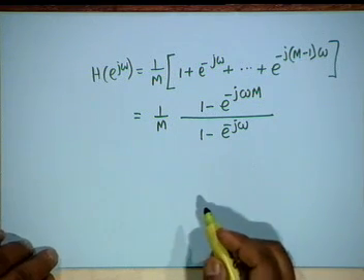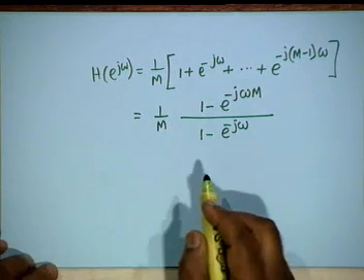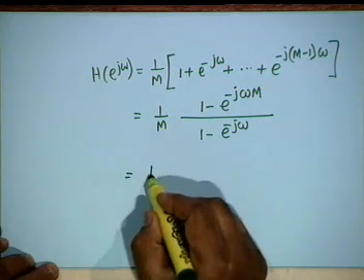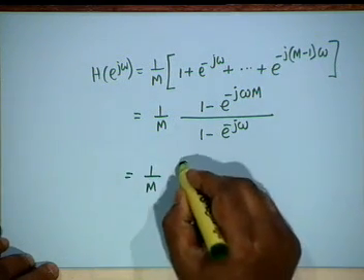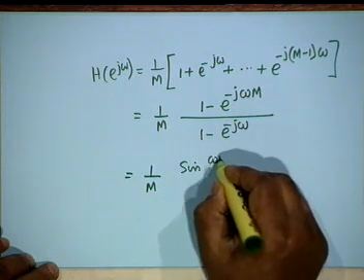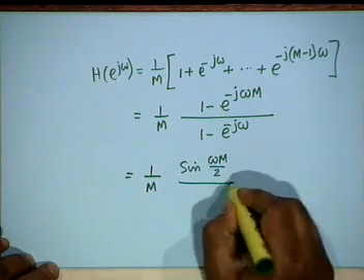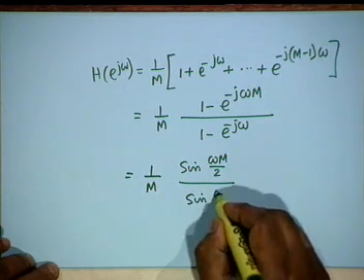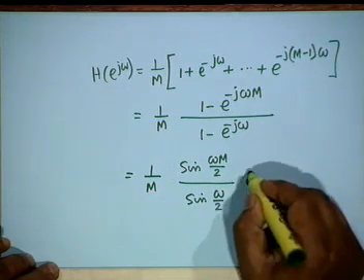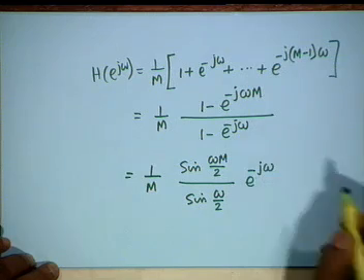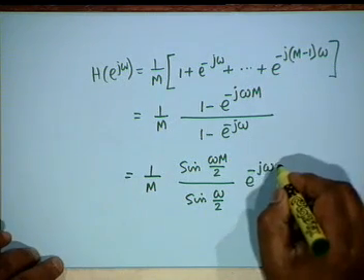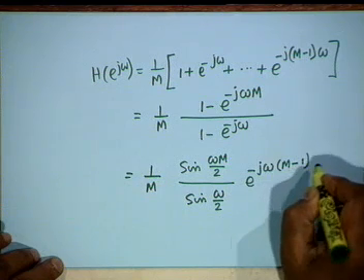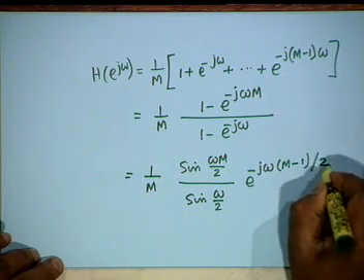And you know that this can be written in terms of sines, and it can be written as 1 over M, sine of omega M by 2 divided by sine of omega by 2, then e to the power minus j omega M minus 1 divided by 2.